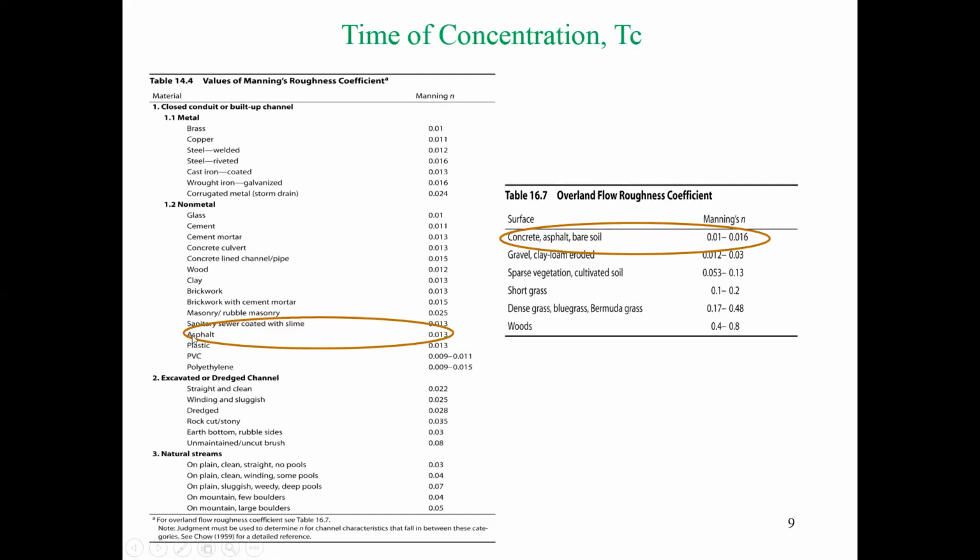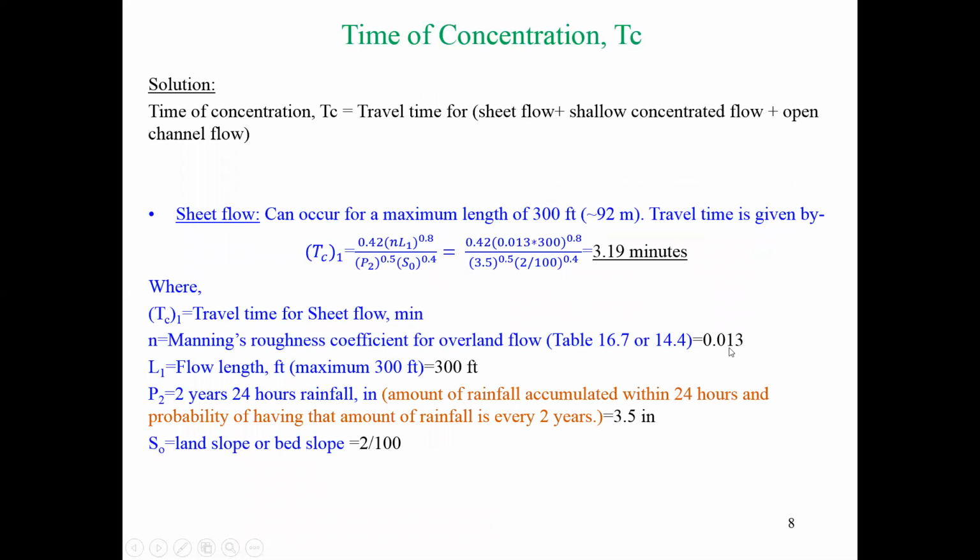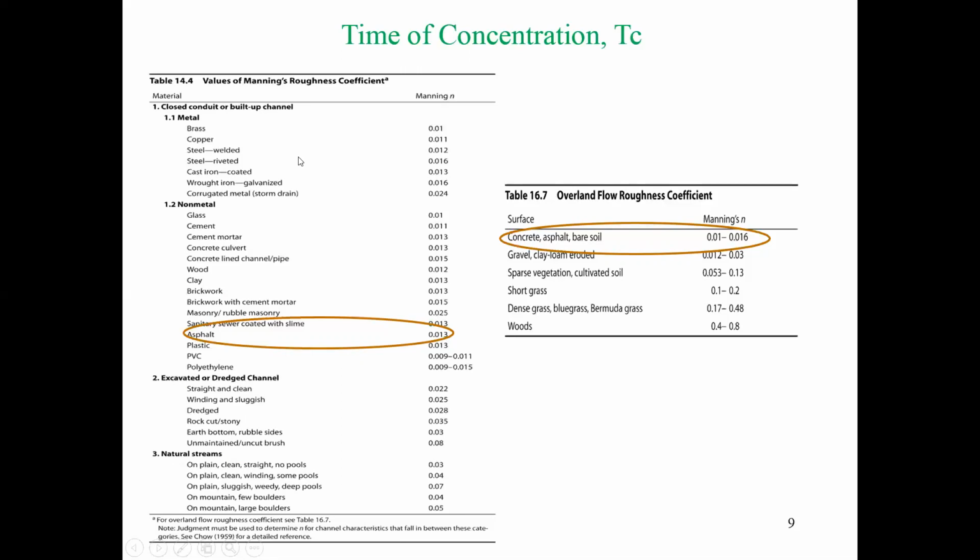From here, the asphalt is 0.013. Since there is a range here and there is a specific value, let's use the specific value 0.013. Now, if we have something which we can't find in table 14.4 and we have to use table 16.7, and all of the values have ranges, what we can do is take the average of that range, like 0.01 to 0.016.